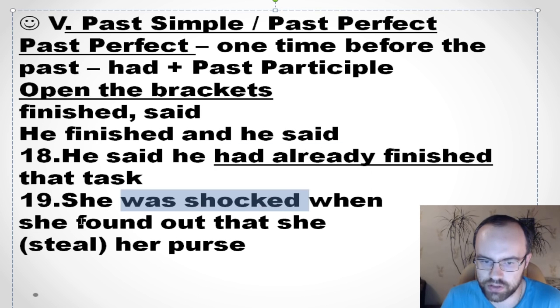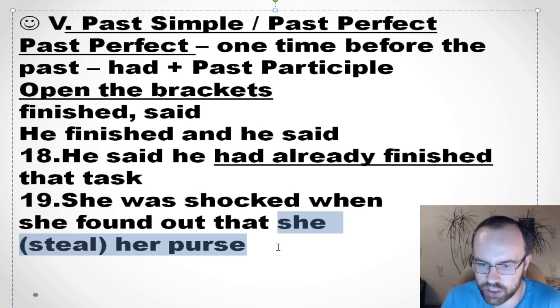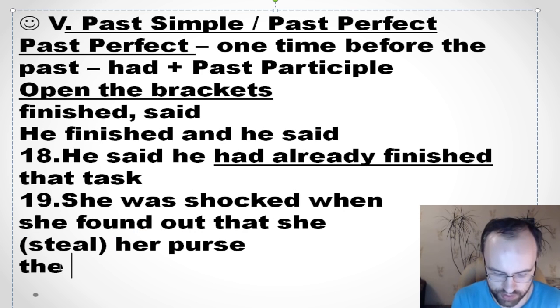When she found out, it means when she knew that she stole her purse. It's the same situation. The second action, steal, happened earlier.